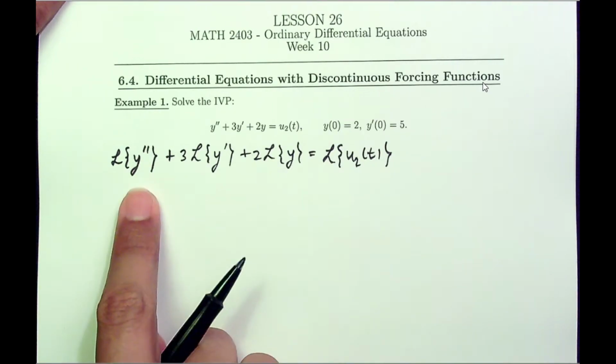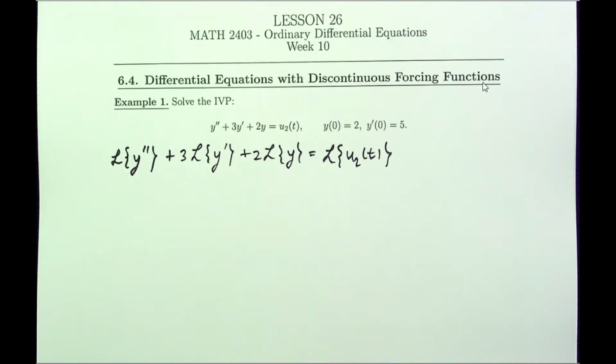Now for this part, we need to know the Laplace transform of the second derivative. That is one of those formulas that we're going to be using over and over again. It's in the table of formulas.